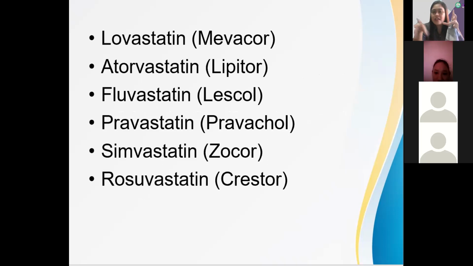We have the lovastatin. Ang nasa open and close parentheses are the common na mga brand names nila. Atorvastatin is the Lipitor. Fluvastatin, pravastatin, the most common ones, simvastatin and atorvastatin. And then the newer one is the rosuvastatin.